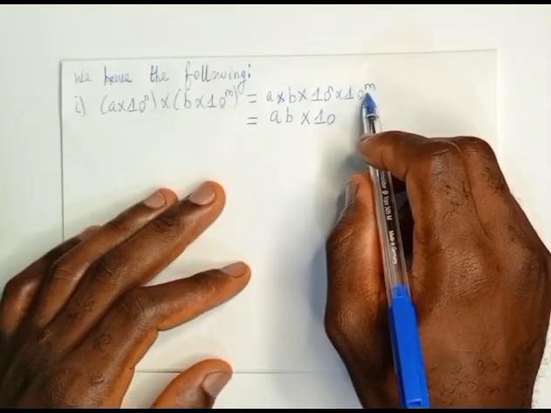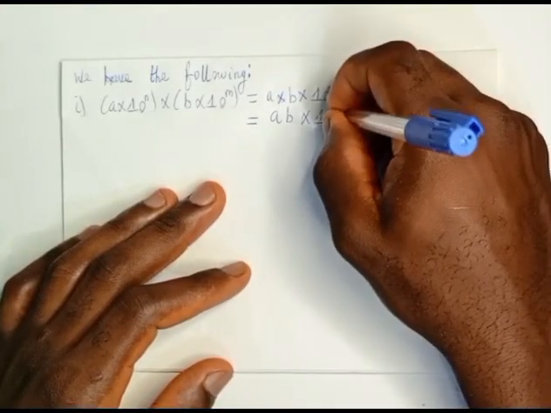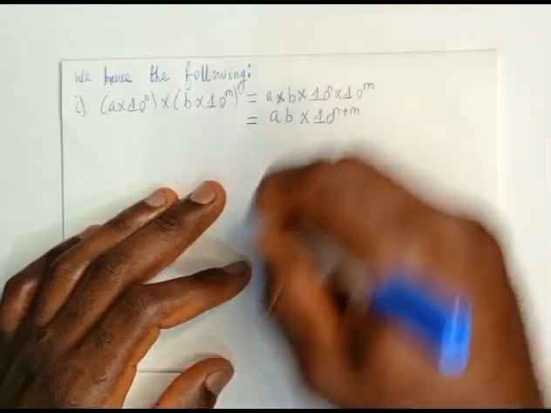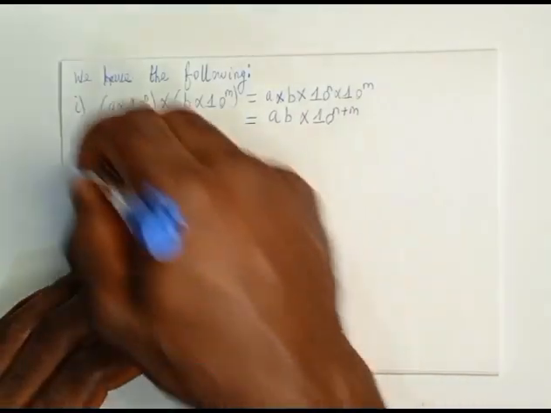Multiplying these two numbers in index form, we add their powers: 10 raised to the power n plus m.